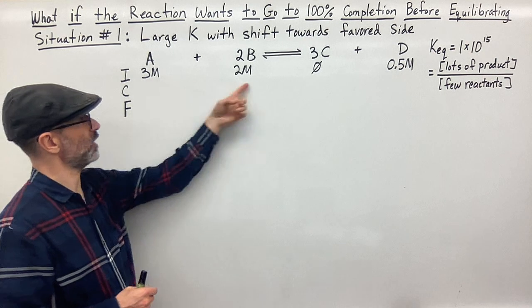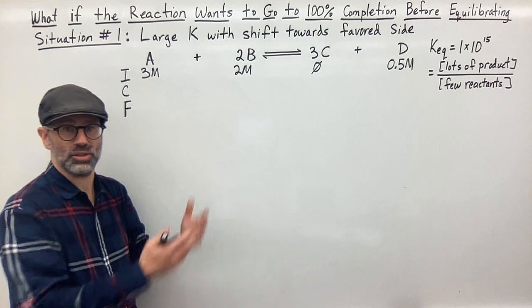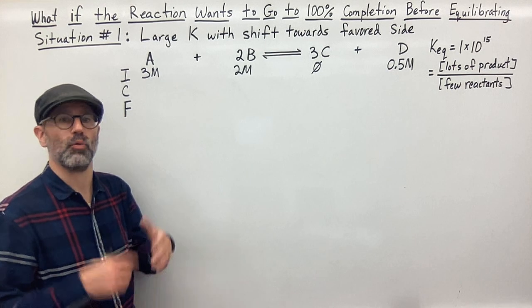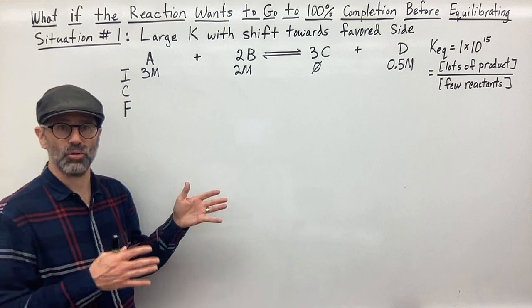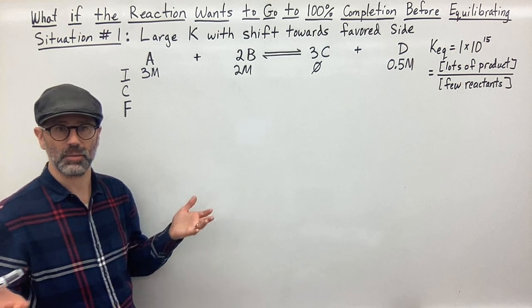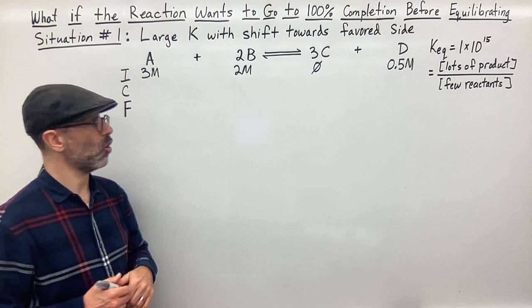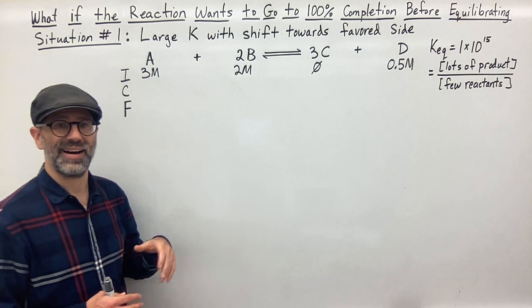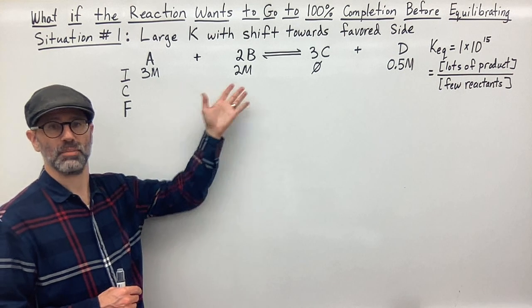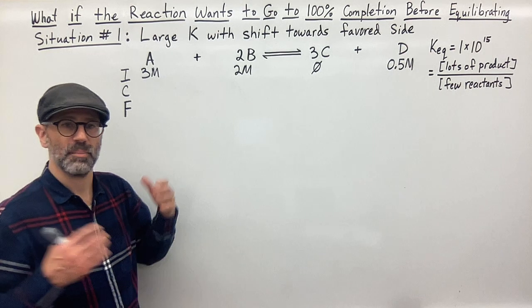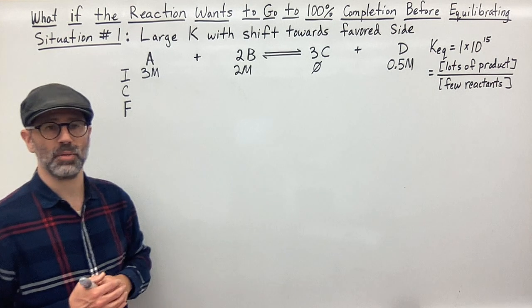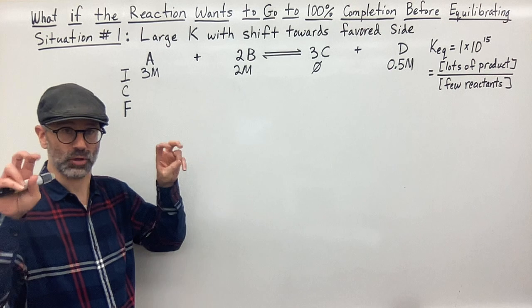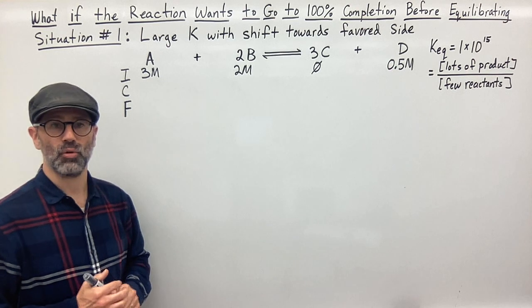So I can just put in the molarities and use them as moles, because if I have 1 liter of solution, the moles and the molarity are the same numbers. Or if I'm given some other situation in which molarity and moles end up being the same number, then I can use my molarity as moles.